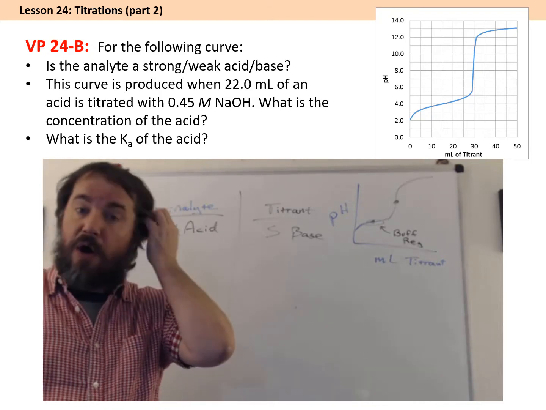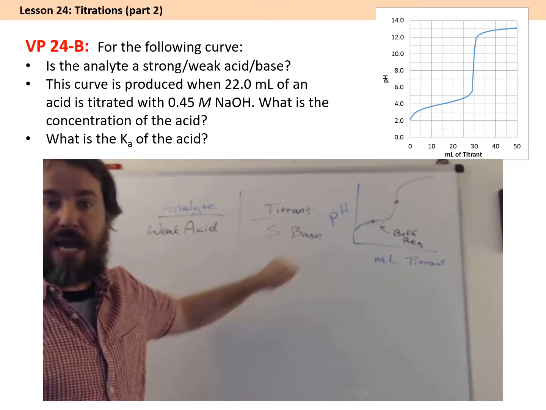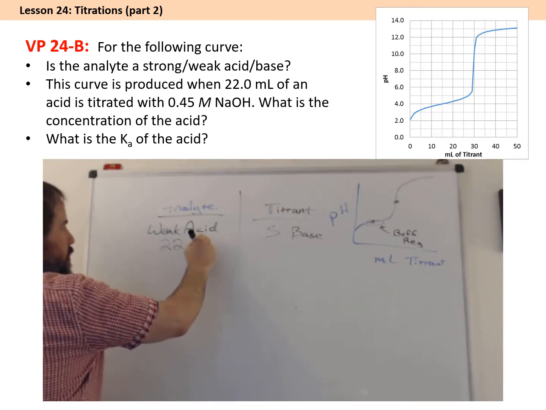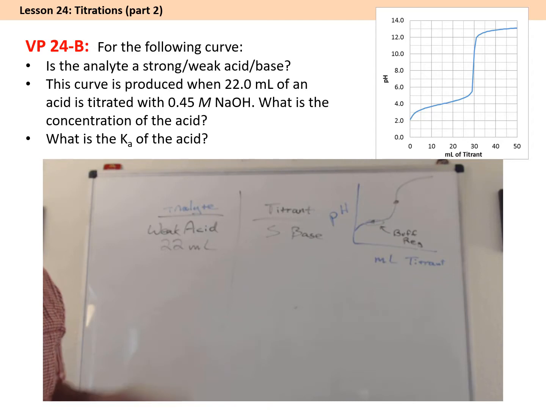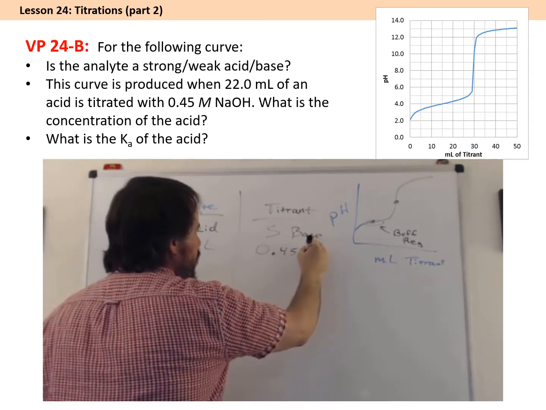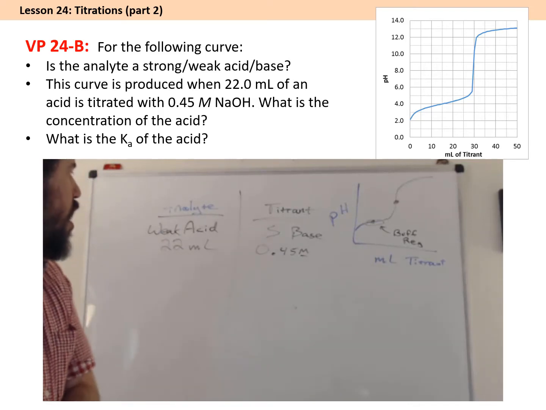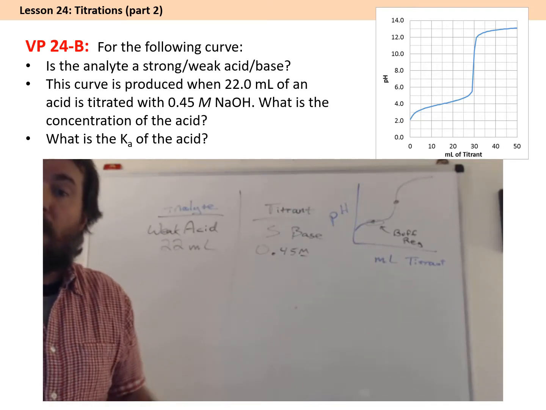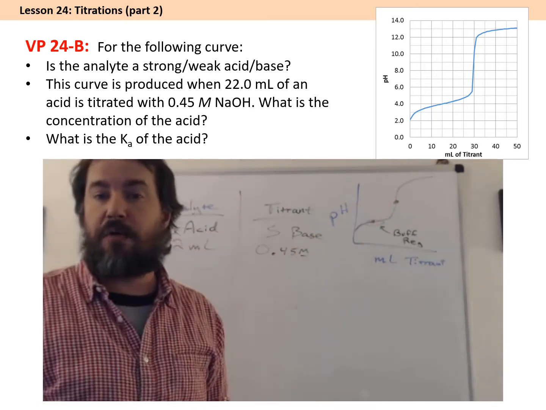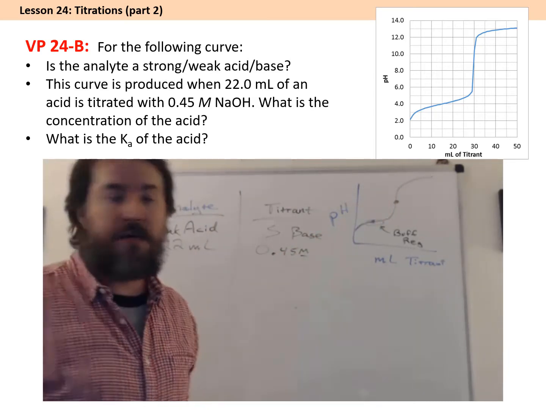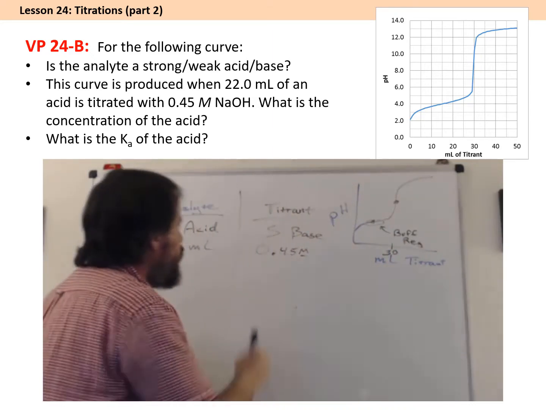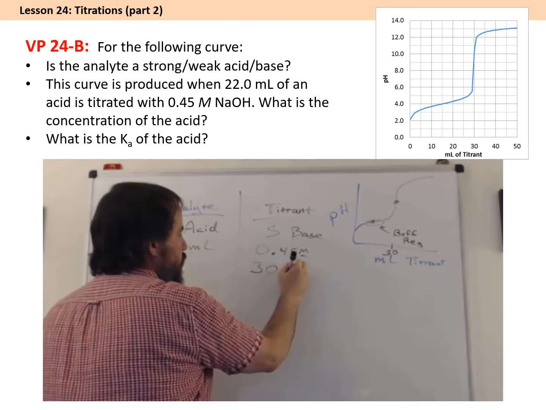So let's see what we know about my acid and my base. I have 22 mLs of my acid. I know I have 0.45 molar of my base. And that's it. Well, I do know one other thing: that equivalence point is at 30 mLs.